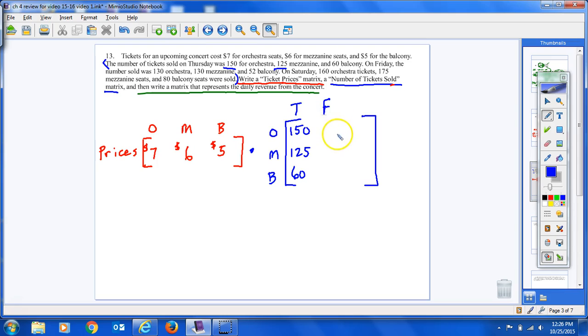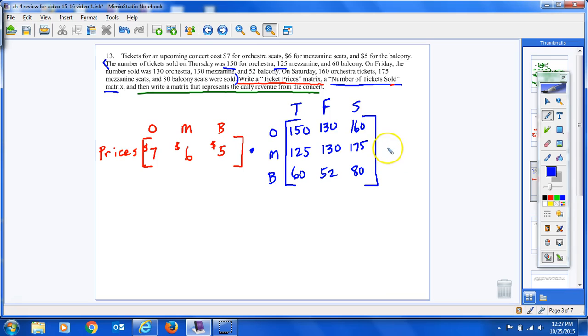All right, so let's fill in the Friday amount. 130 orchestra, 130 mezzanine, and 52 balcony. And then for Saturday, we have 160 orchestra, 175 mezzanine, and 80.